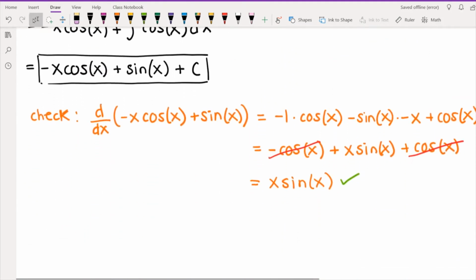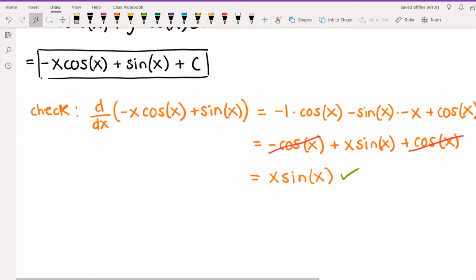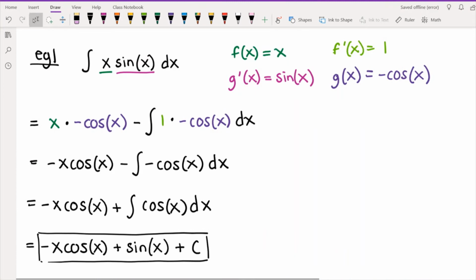So one other thing I just want to show you is what would have happened if we had picked the other way, right? So we picked to let x be our f of x and g prime of x to be sine of x. So let's see what would happen if we tried to do this the other way.